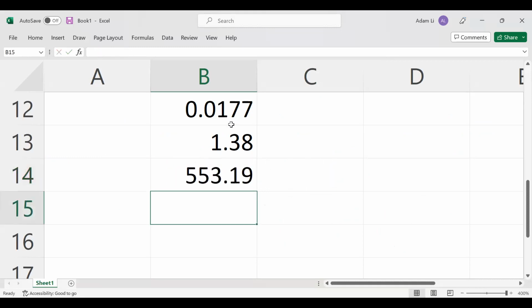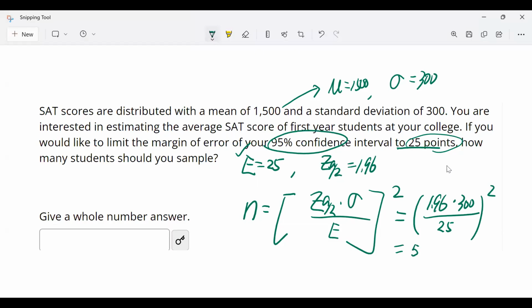We get 553.19, and we round up to the next whole number, 554. That's the answer you're looking for. That's the sample size.